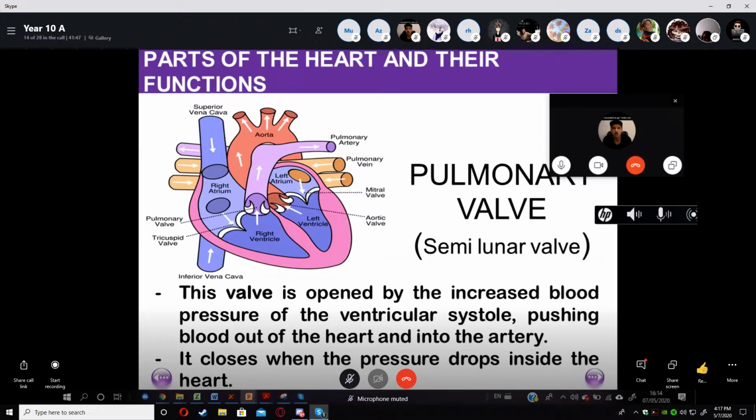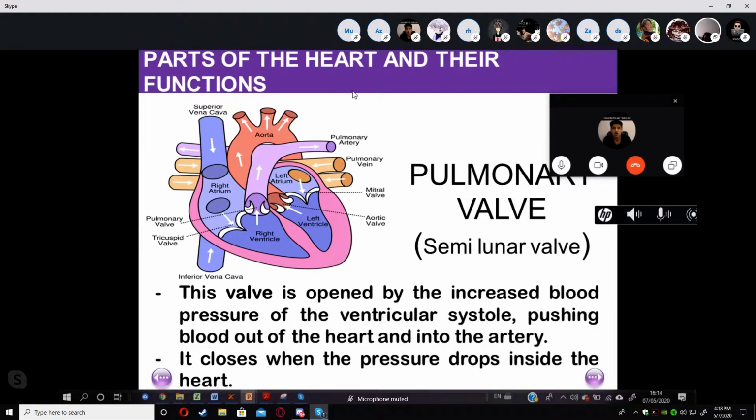So we are talking about the pulmonary valve. This valve is opened by the increased blood pressure, which is created due to ventricular systole. What does ventricular systole mean? The ventricles contract. That creates a pressure, and this pressure helps the blood to move through this pulmonary valve.